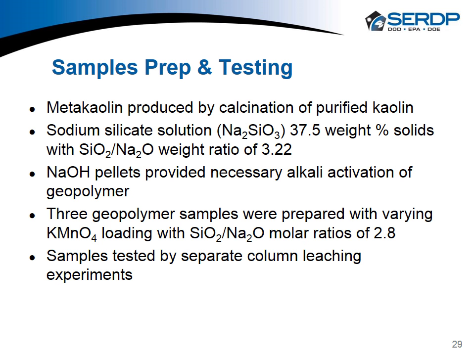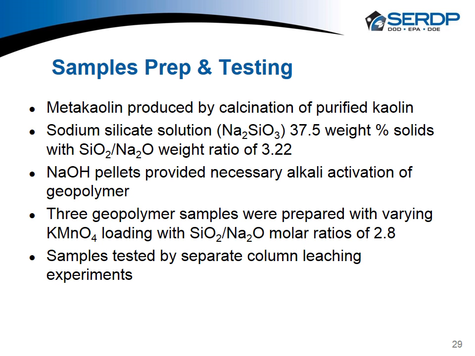And we activated the sodium silicate solution by adding sodium hydroxide pellets, and this was a necessary step for the reaction between metakaolin and sodium silicate to take place. And we prepared 3 different samples by adding different amounts of potassium permanganate into the geopolymer batch, and the resulting silica to alkali molar ratio is about 2.8.